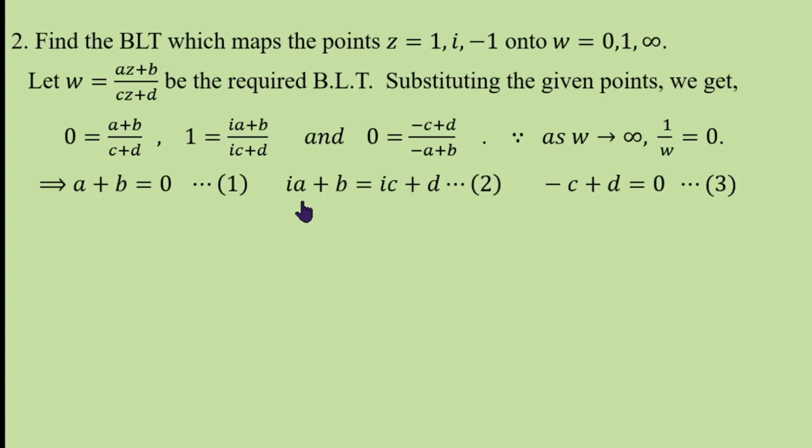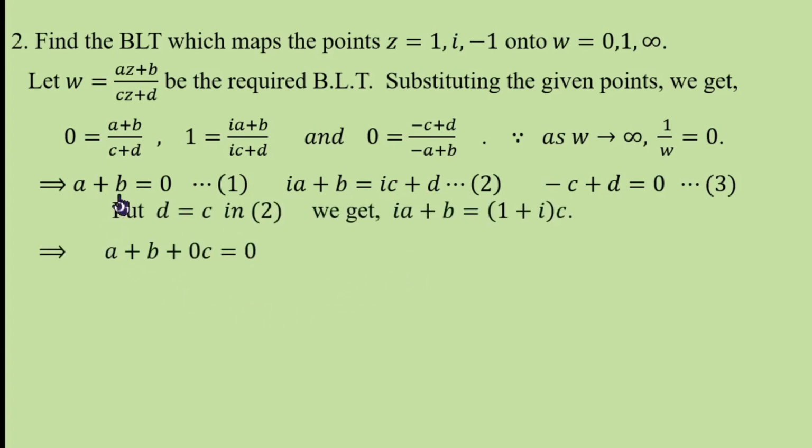Take the left side, so it is iA + B - (1 + i)C equal to 0. That is one equation. And one more is A + B + 0C equal to 0, so no C here.